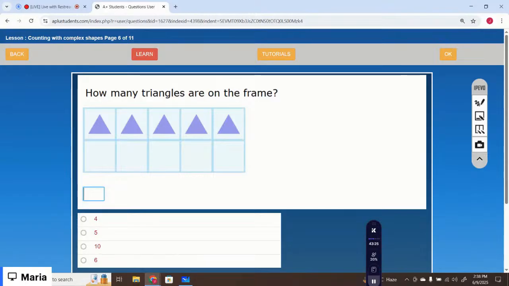How many triangles are on the frame? Which is the correct option? There are five triangles. Option number two is the correct option.